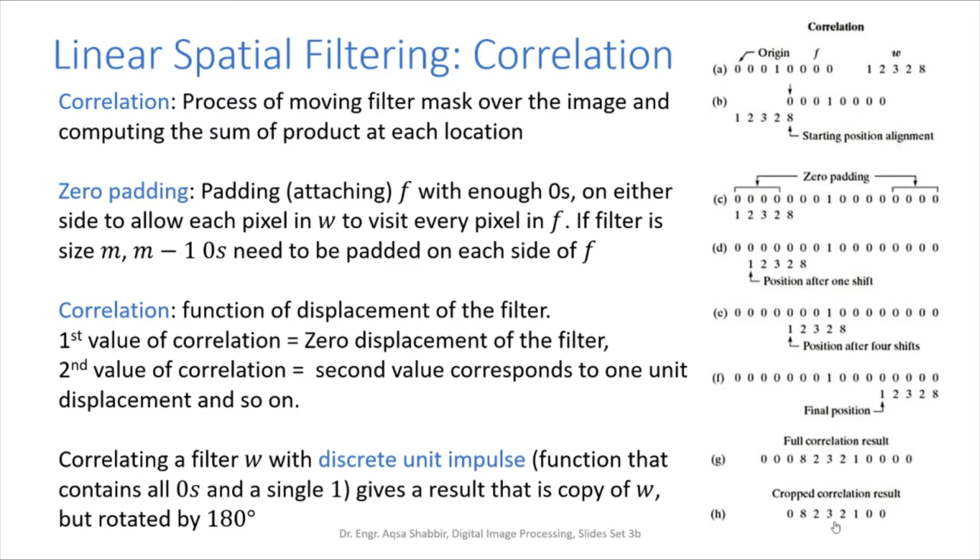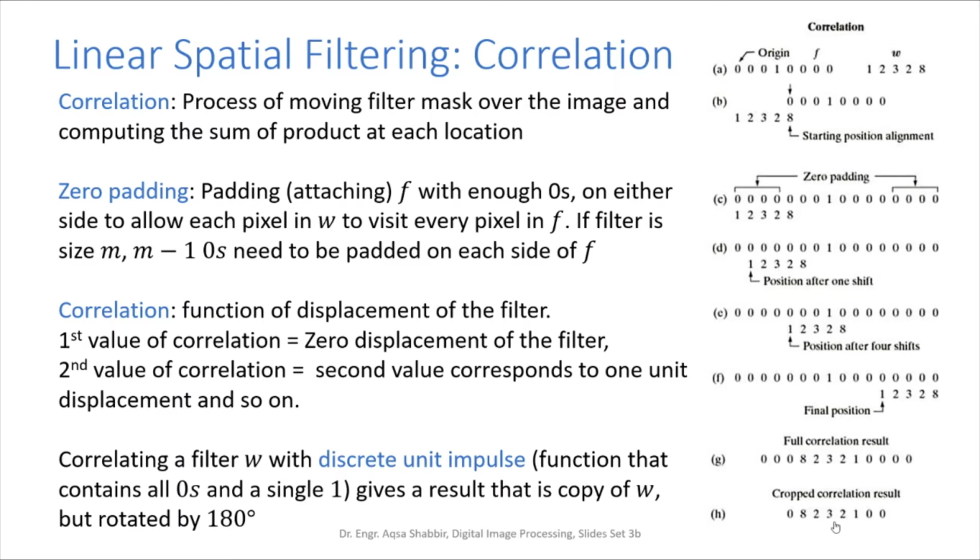The figure on the right shows a one-dimensional function f and a filter w. Part B shows the starting position for performing correlation. The first thing we note is that there are parts of the function that do not overlap.